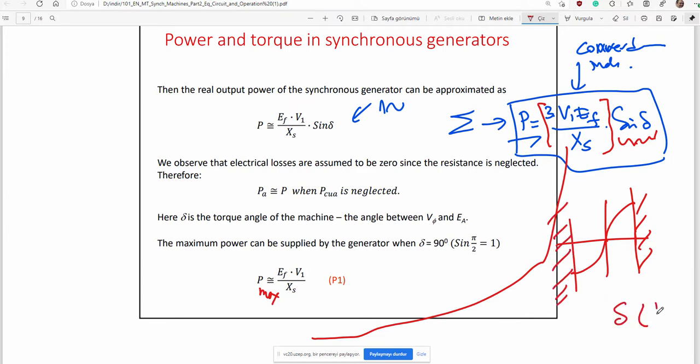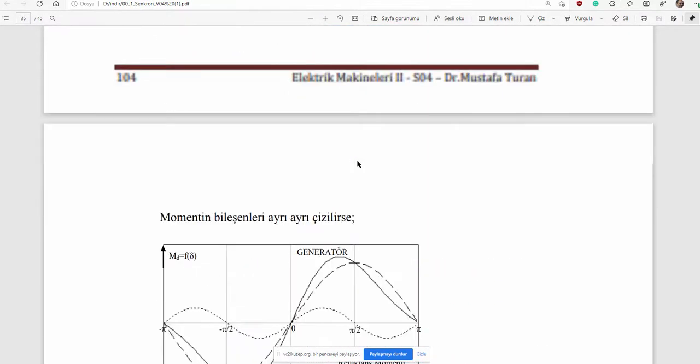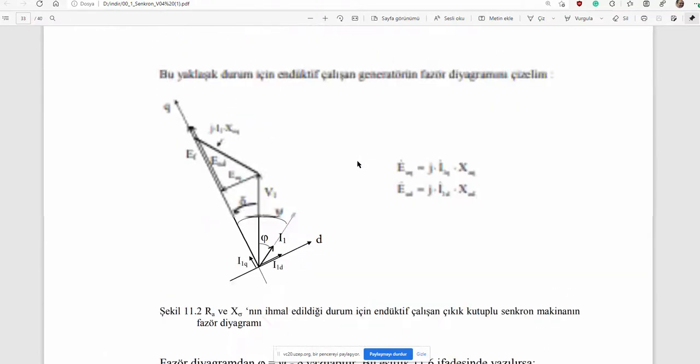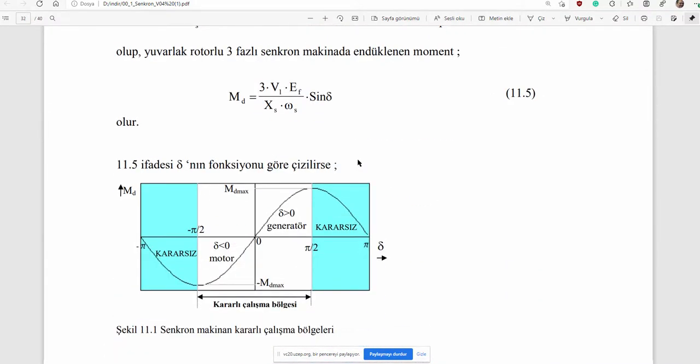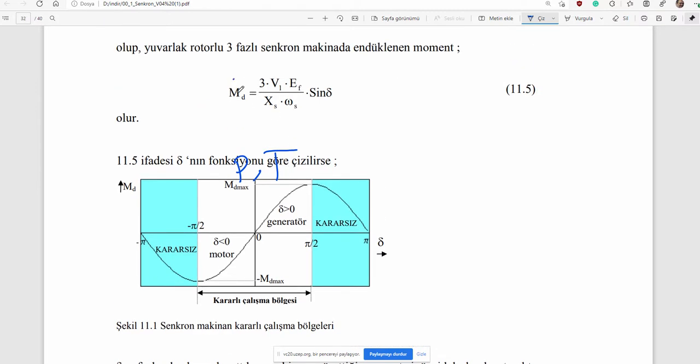Delta must be less than pi over 2 and must be greater than minus pi over 2. And that was somewhere here. Let me find it in the Turkish edition. That is the power or torque function. Here you see that is the torque function for three phase.